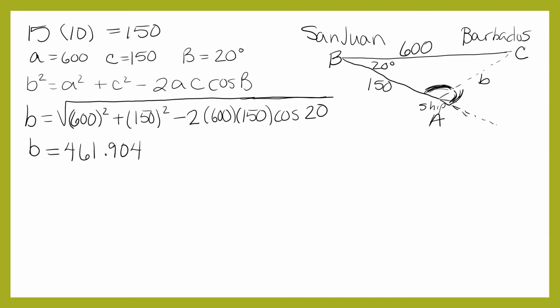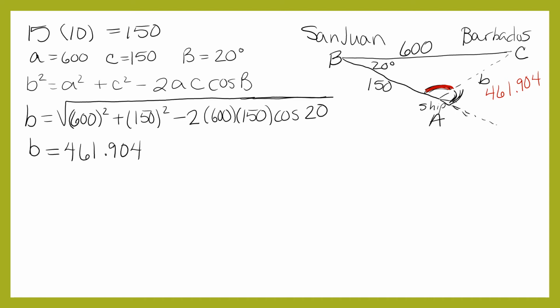So now we know that that is the measure of side b, or the distance from Barbados to where the ship is: 461.904 nautical miles. So now we want to find this angle inside the triangle. So we're going to call that angle A.